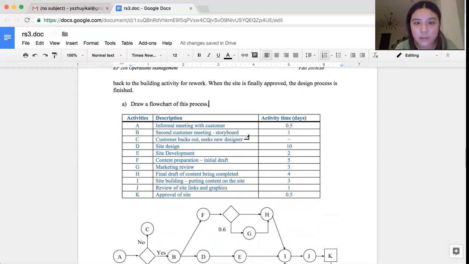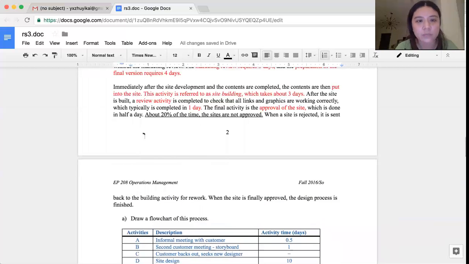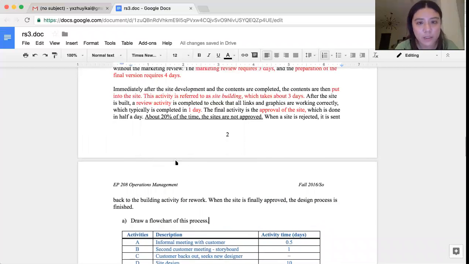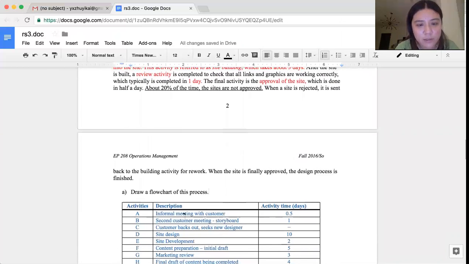In the diagram we have the activity names, their descriptions, and the activity times. Each activity represents the highlighted part when we go over the problems, and this is the description, so we know what A represents, what B represents.